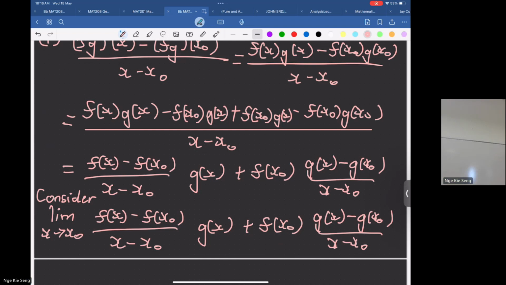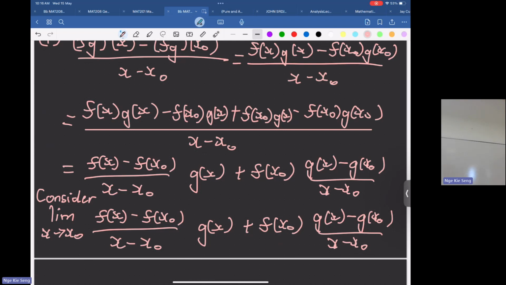That's fine. Does g(x) converge or not? Why? Yes, g is differentiable, so g is continuous. Since g is continuous, I can evaluate the limit as x goes to x naught of g(x), which is g(x naught). So this part uses continuity. Differentiability implies continuity. This part is the secant function because of differentiability.